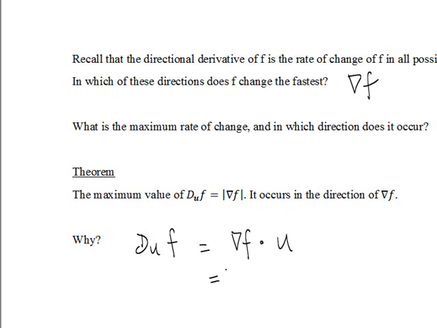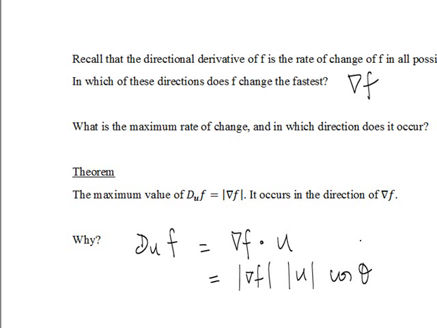You can use your dot product to find the angle between two vectors, right? That's what we did. And we said that the dot product is equal to the product of the lengths of each vector, so the length of the gradient times the length of u times cosine of the angle. That's what we did really early on, right?